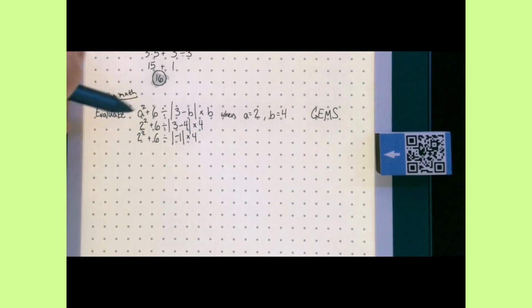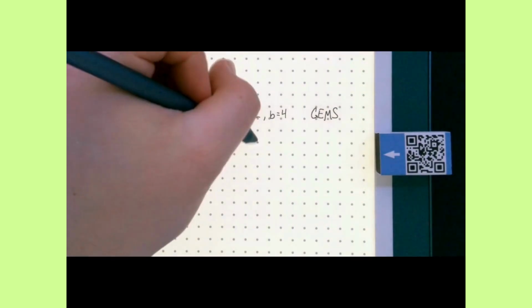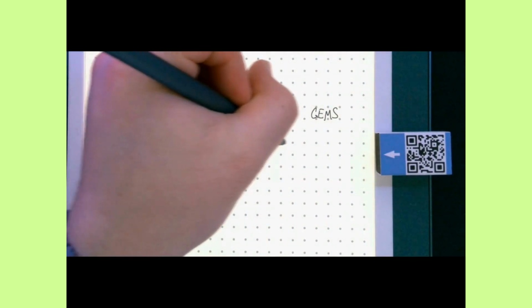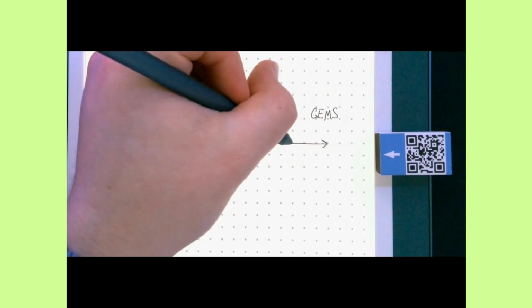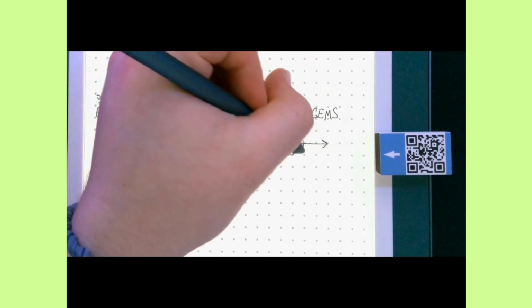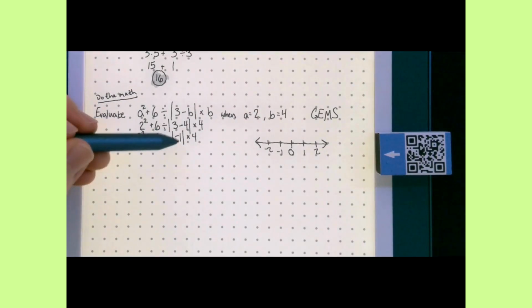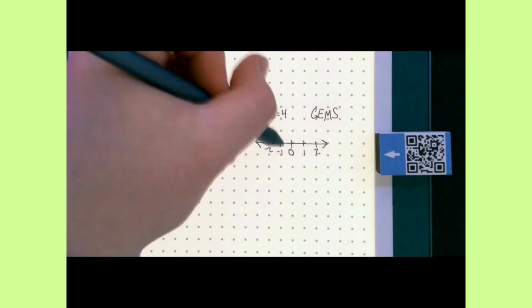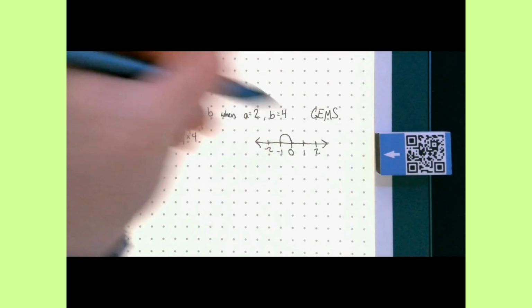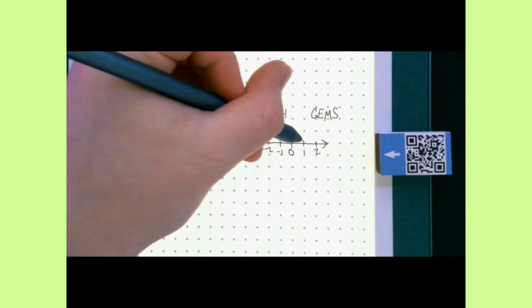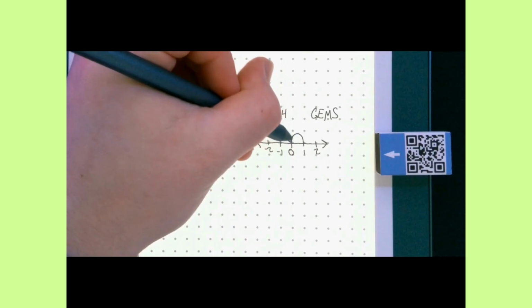The absolute value of negative 1, if I just looked on the number line, and I had 0, 1, 2, negative 1, negative 2, the absolute value is how far is negative 1 from 0. So it's 1 away. Positive 1 is also 1 away.